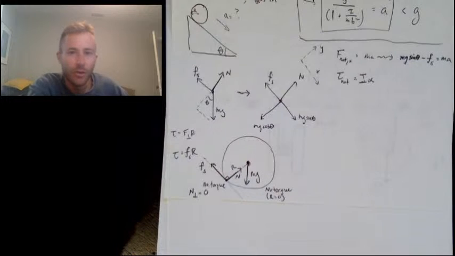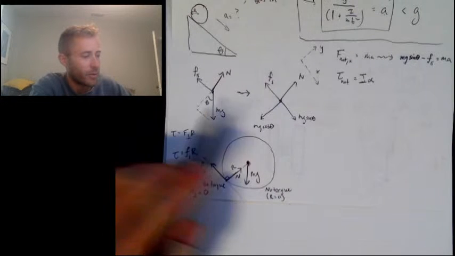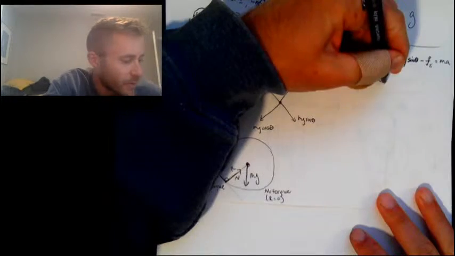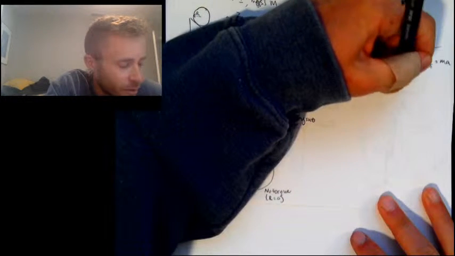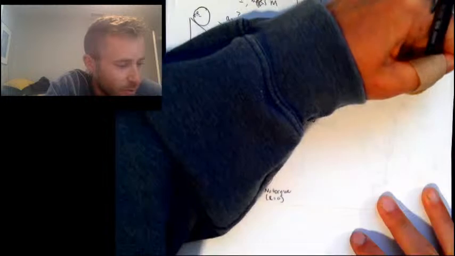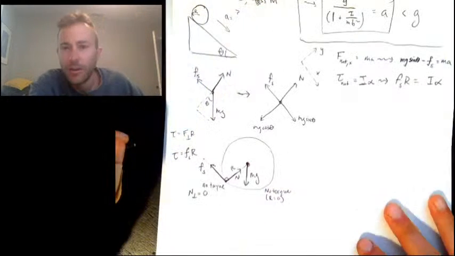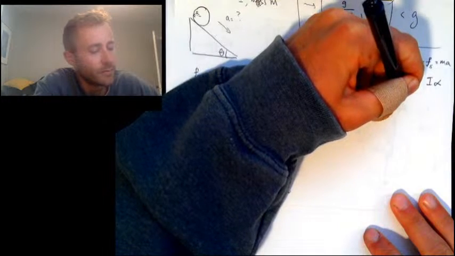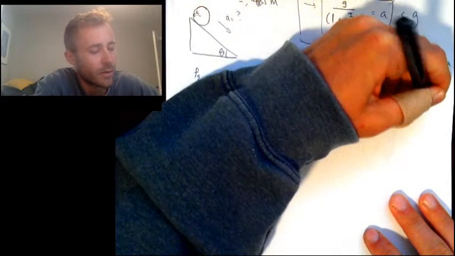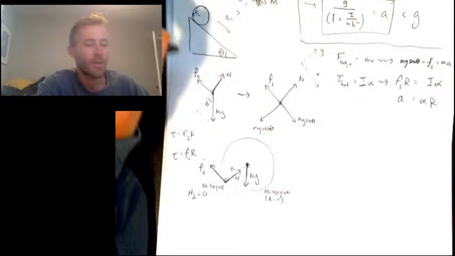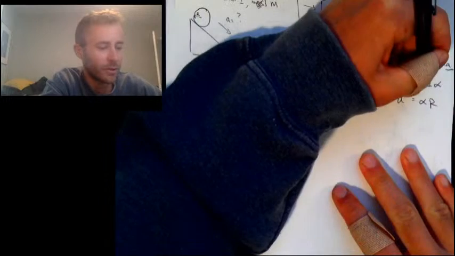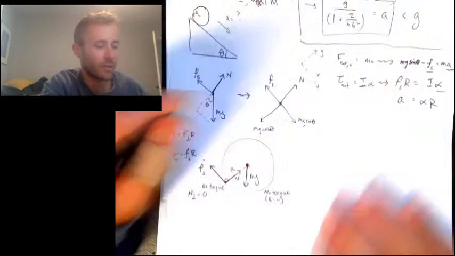Because I have 3 forces and only one of them is exerting a torque, the net torque is just static friction times r, and that equals I alpha. And then we have our rolling without slipping equation, a equals alpha r. So we have 3 unknowns here: linear acceleration, static friction, and angular acceleration.